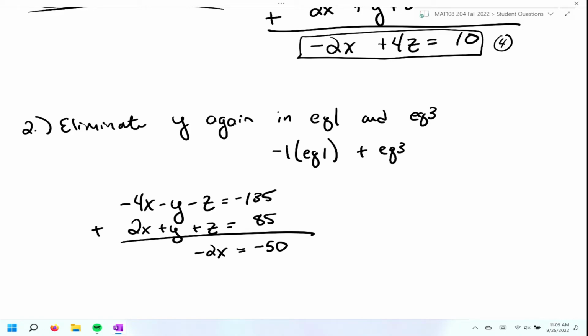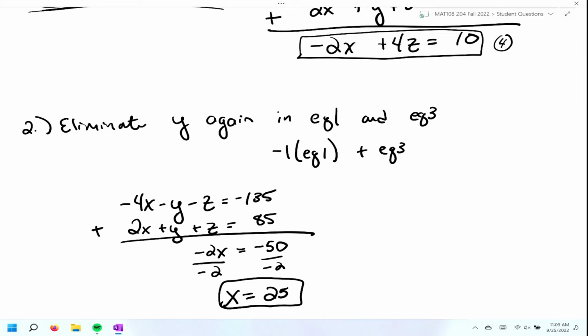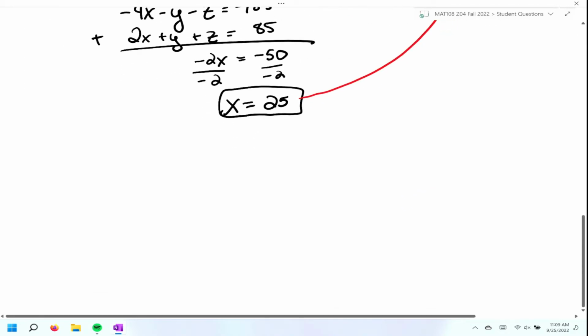So I'm just going to go ahead and divide both sides by -2 to give me x equals 25, and put a little box around this. So now that I know what x equals, I can go ahead and, this is the actual term, it's called backward substitution. So I'm just going to go backwards, and I'm going to substitute in my variable x into equation 4. So let me write this underneath. We got -2x plus 4z equals 10.